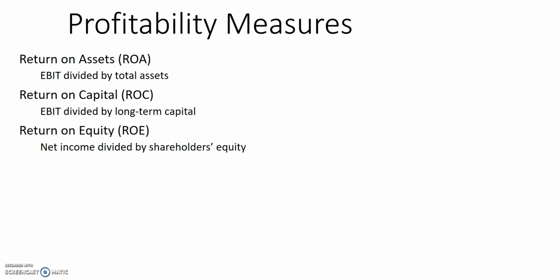And you'll see each one of these is earnings before interest and taxes divided by long-term capital, with the exception of return on equity, which focuses on the net income divided by the amount of the shareholders' equity. Each of these are used to determine how well a firm's assets, capital, and equity are being used to create revenue.